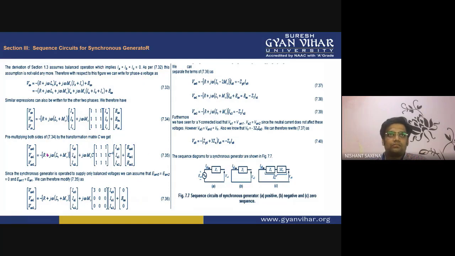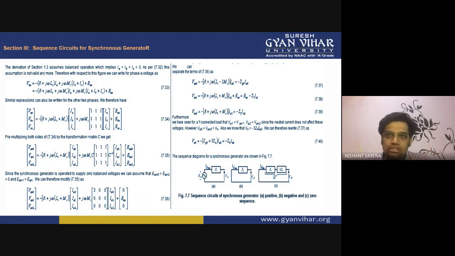we get equation 7.35. Now, we know that the synchronous generator is operated to supply balanced voltages. So, we can assume that the EMFs EAN0 and EAN2 are equal to 0, that is, the zero and negative sequence generated back EMFs are equal to 0.